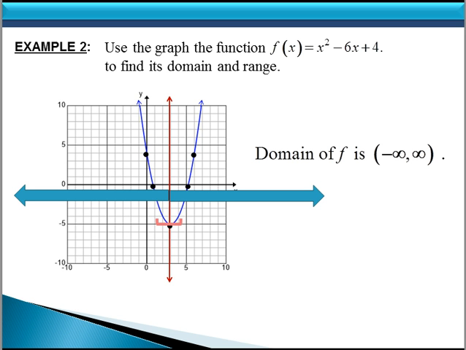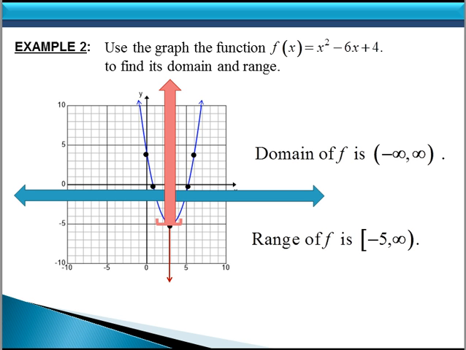So we can say that the range starts at -5, right there at the vertex, and then it's going to go upward. So all the possible y's start from -5 and then go up to infinity. Because again, these arrows on the ends of our parabola indicate that it goes on forever in that direction. So our range is going to be all real numbers from -5 to infinity.